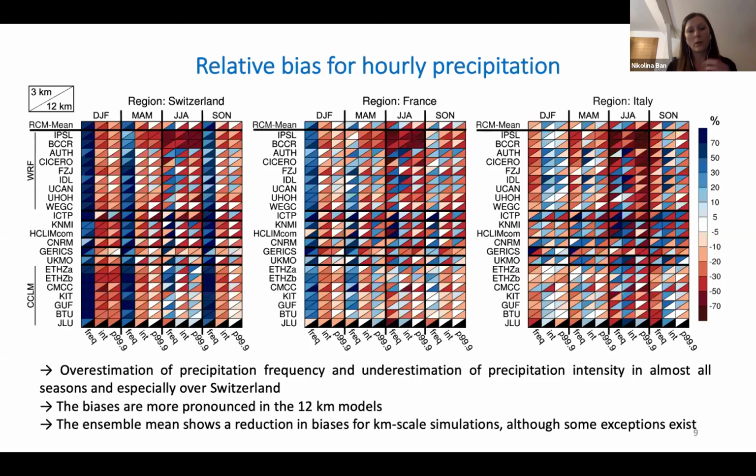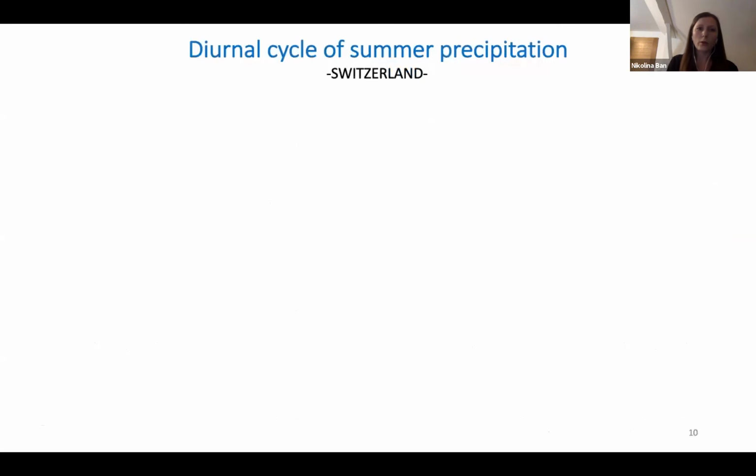And I think we are quite happy with that, because the observations also have their own shortcomings and tend to underestimate the precipitation intensity.